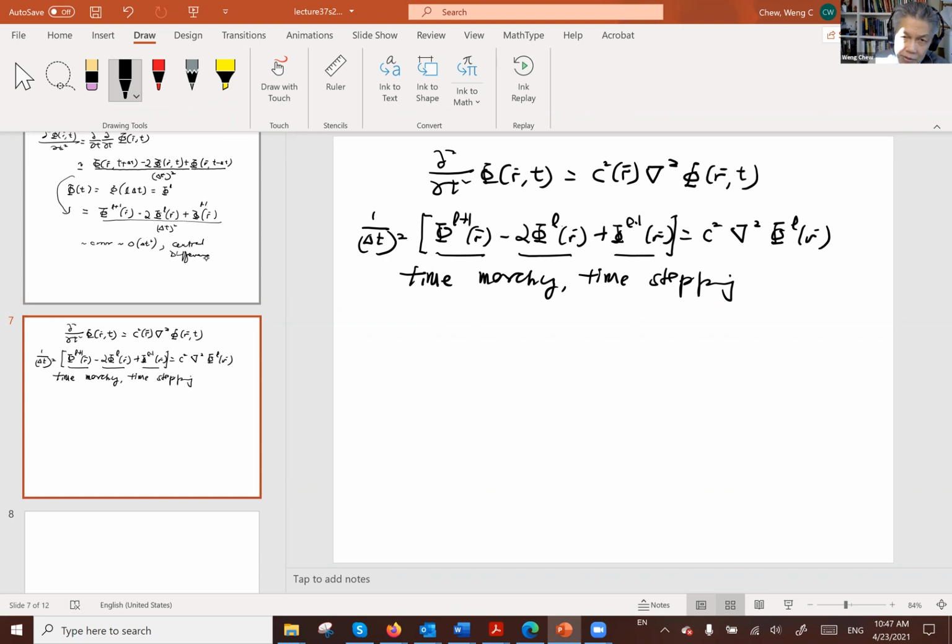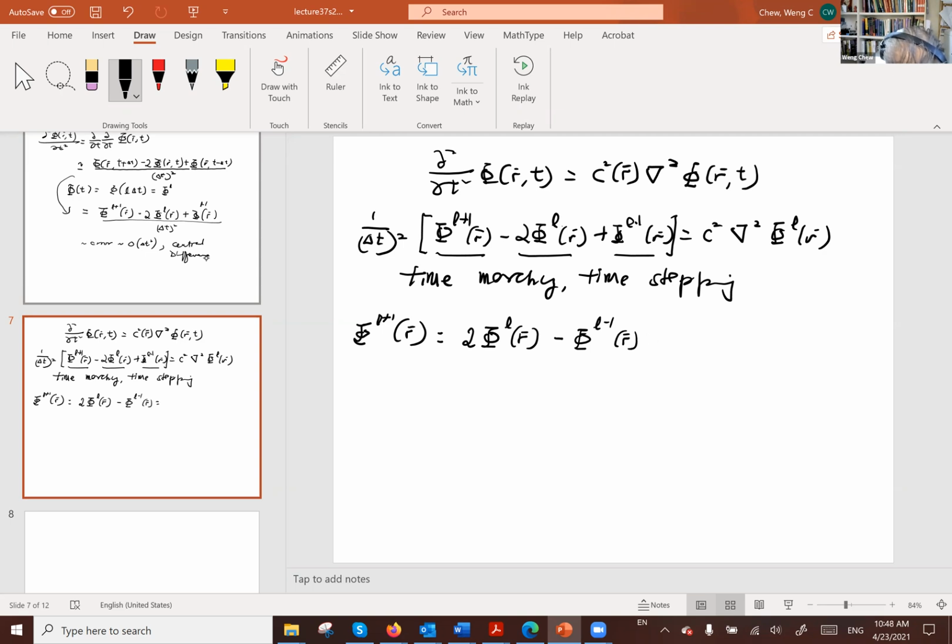So I can rearrange this equation so that whatever I need that is ahead of time is put on the left-hand side, and I multiply the c delta t across, and take whatever I have in the past time and put it on the right-hand side.